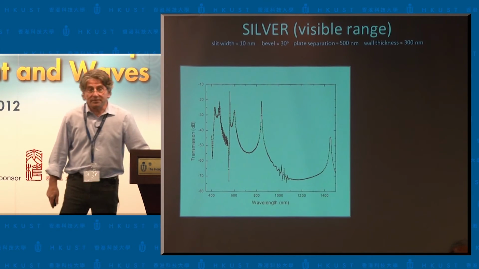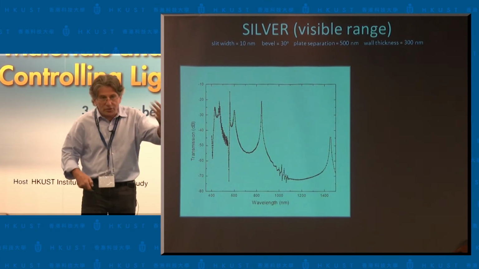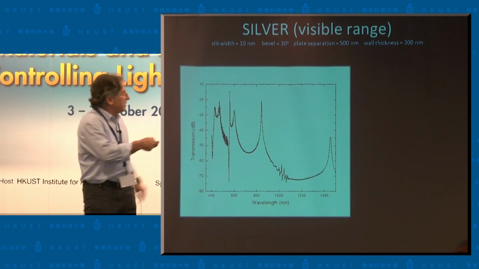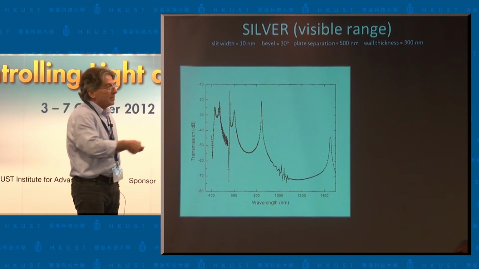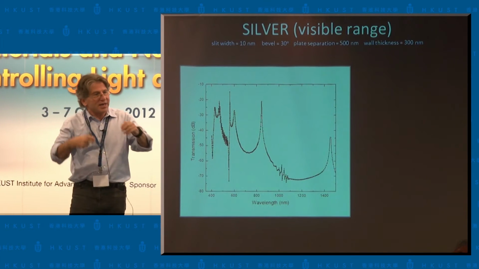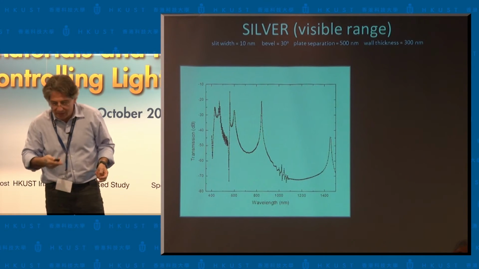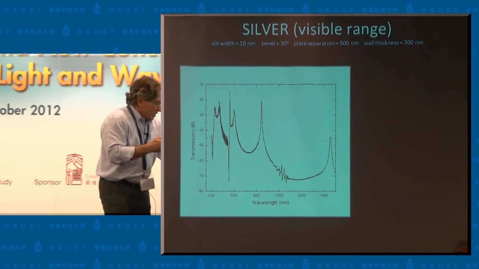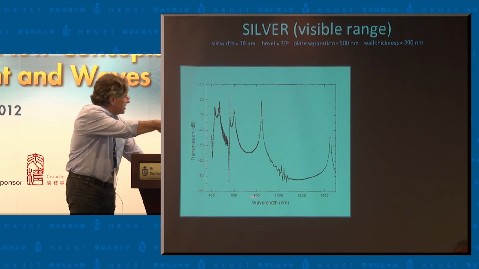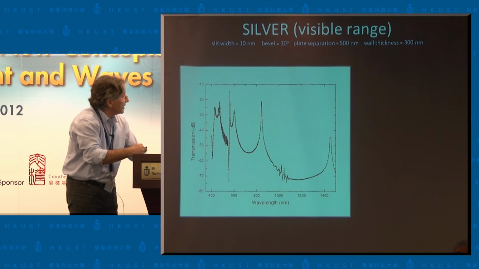And this is visible. So in the visible, also at microwave frequencies, you get more than one peak. Because every continuum that starts in the waveguide has an associated localized mode, as you probably expect it to be. So this is throughout the visible, 400 nanometers, 4,000 angstroms all the way into the near infrared.